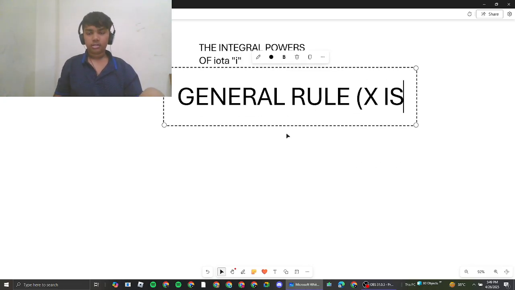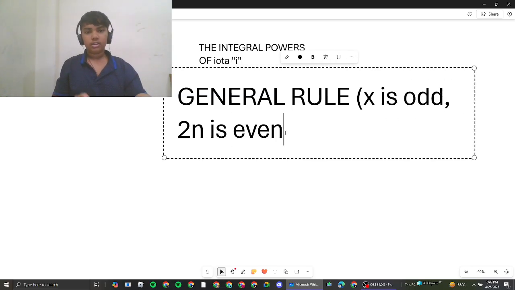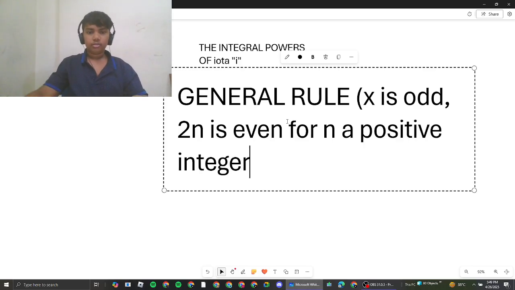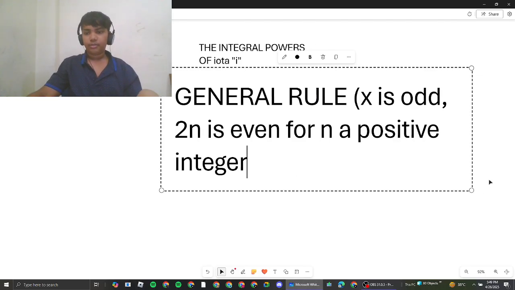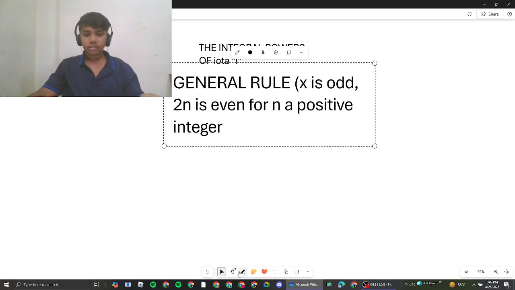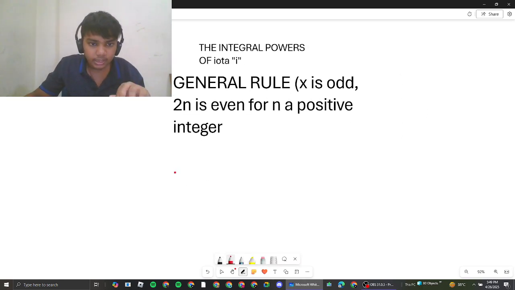If the exponent is odd, or 2n is even, integer, or however you pronounce it. Okay, so then there will be two cases.